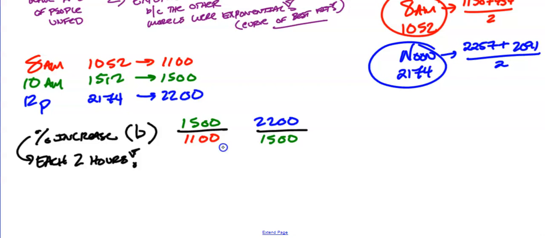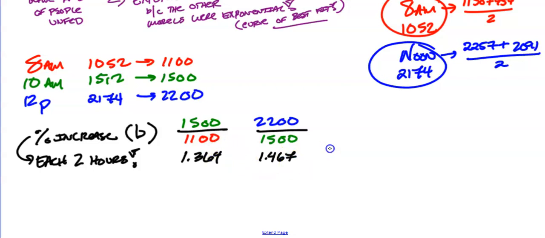So we got 1500 divided by 1100, and that's 1.364. Then if we take 2200 and divide it by 1500, we get 1.467.